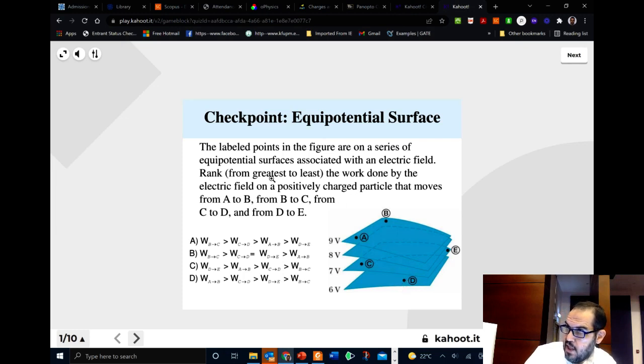The question is, rank from greatest to smallest the work done by the electric field on a positively charged particle that moves from A to B, from B to C, from C to D, and from D to E. Okay, so you have choices here.